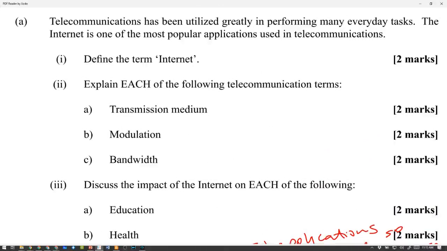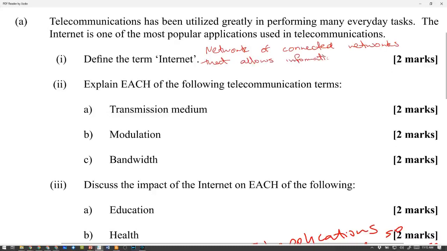Defining the term internet, the internet is a network of connected networks that allows information to be transmitted using specific protocols.